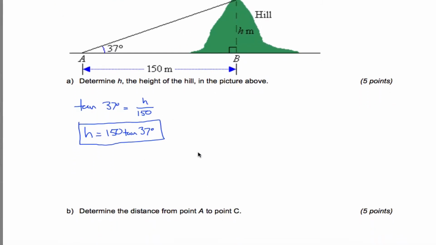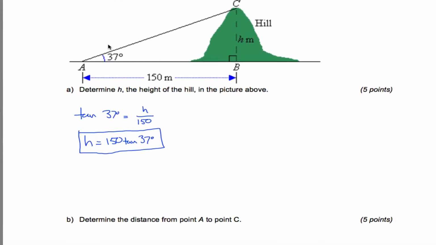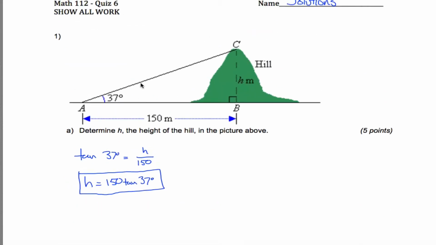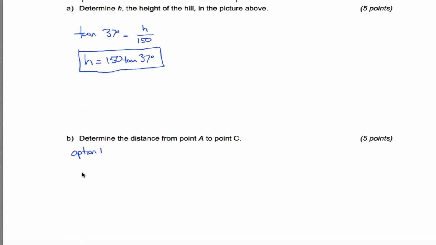Okay, next question says determine the distance from A to C. What's the hypotenuse? Well, a lot of different ways you could do that. Option one would be to note that I'm given the side adjacent this angle, and I want to know about the hypotenuse. So the cosine will relate together those two sides.